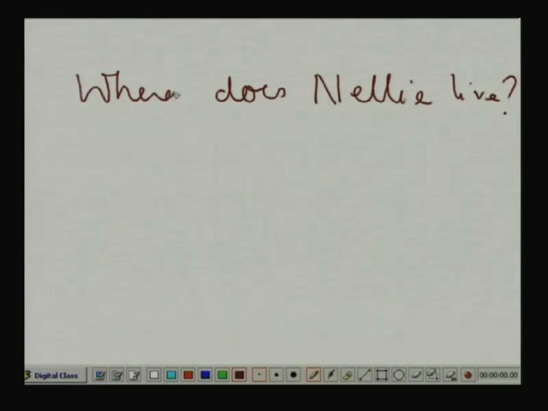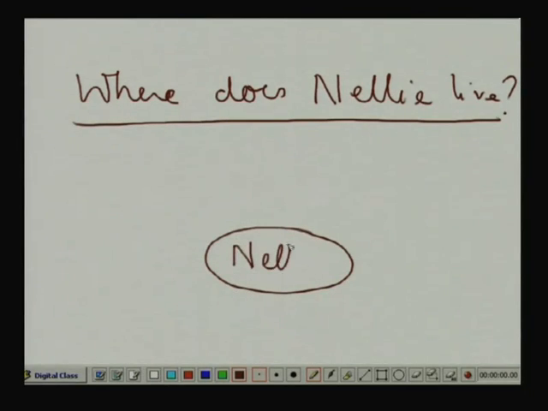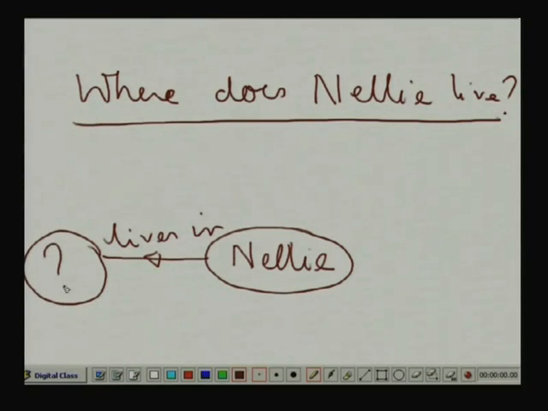Now, this question can be translated into a form of a semantic net, like I have got Nelly lives in some value which is not known. I could have put a query mark or I could have put x. Now, what is the value? I want to instantiate this particular value. I want to find the value of this from the net.